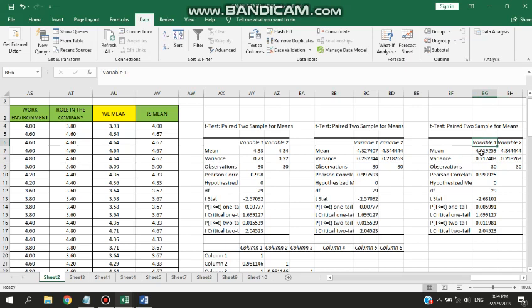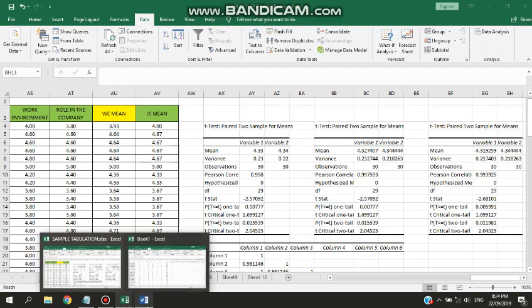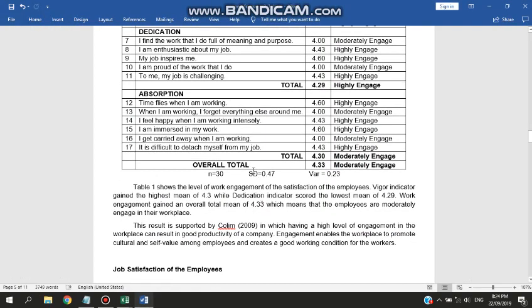It means the work engagement or first variable na in-input nyo. Variable 2, it's second variable, second column na in-input nyo. Anyway, so let's go back. Standard deviation, it's optional. You can also not include this one. You can just include N30 for this sample.